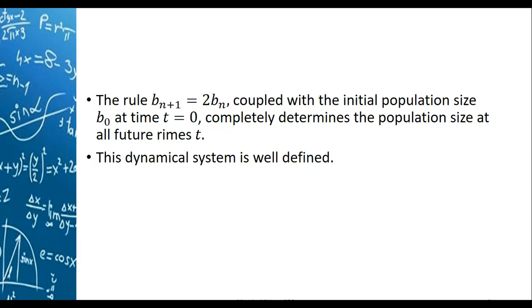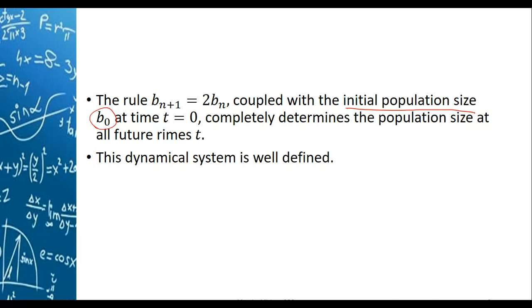And then you deal with the initial population size, your b naught, meaning that at t naught you start with the first population size. These two go together. That's how you develop your dynamical system.